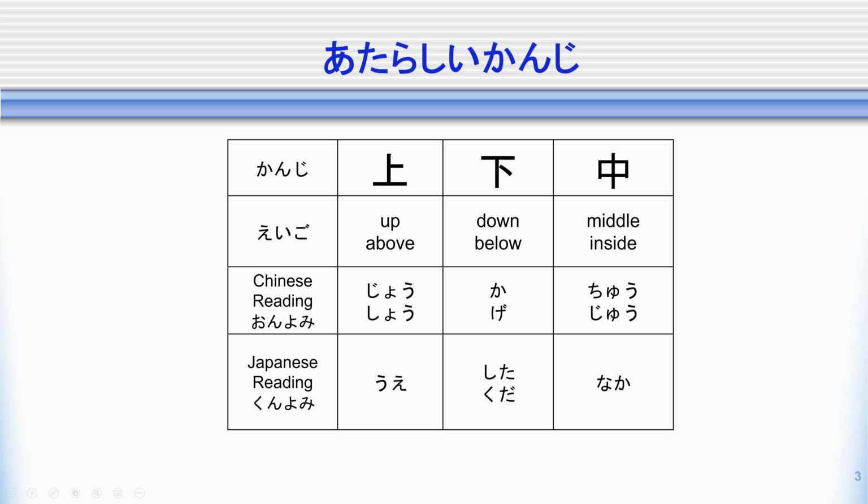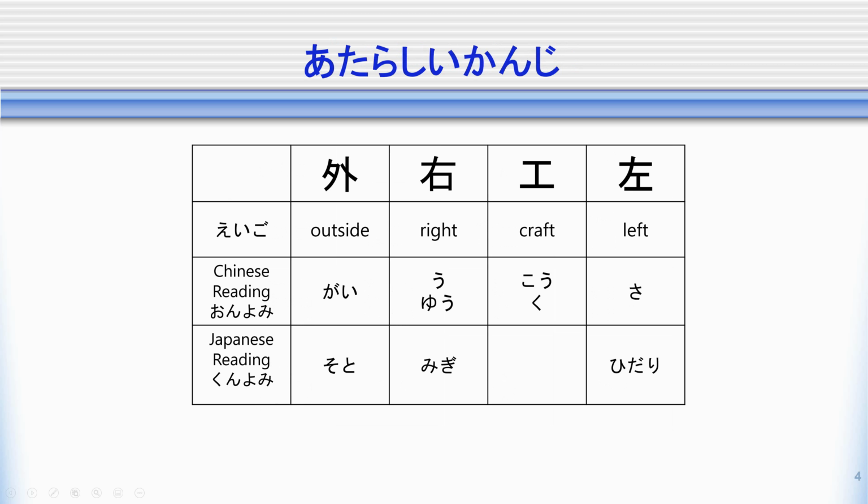We will also learn, this one is a new word for us, soto, which means the outside of something. And we will learn migi, right, and hidari, left. We'll also talk just really briefly about this kanji kohl, which we are going to introduce because it is a part of the kanji for left.